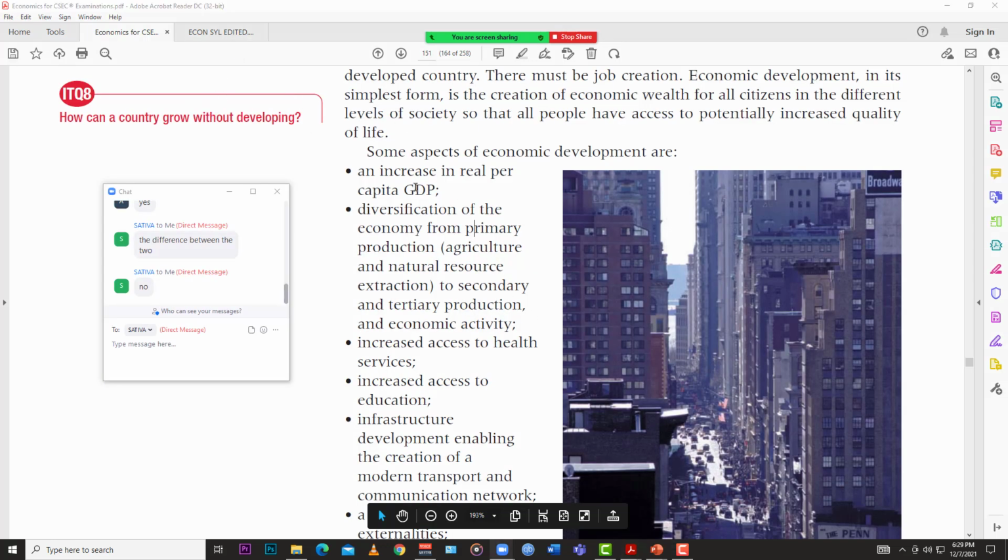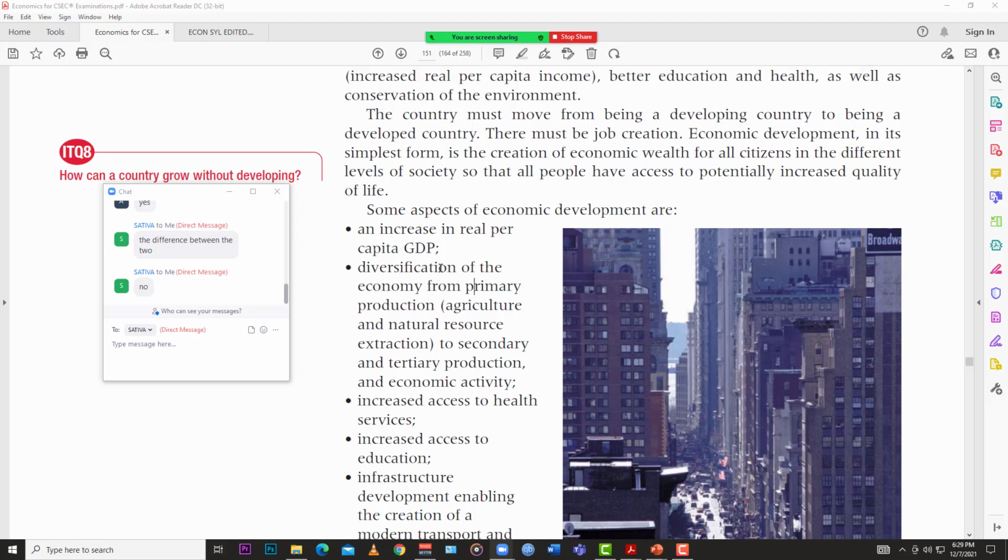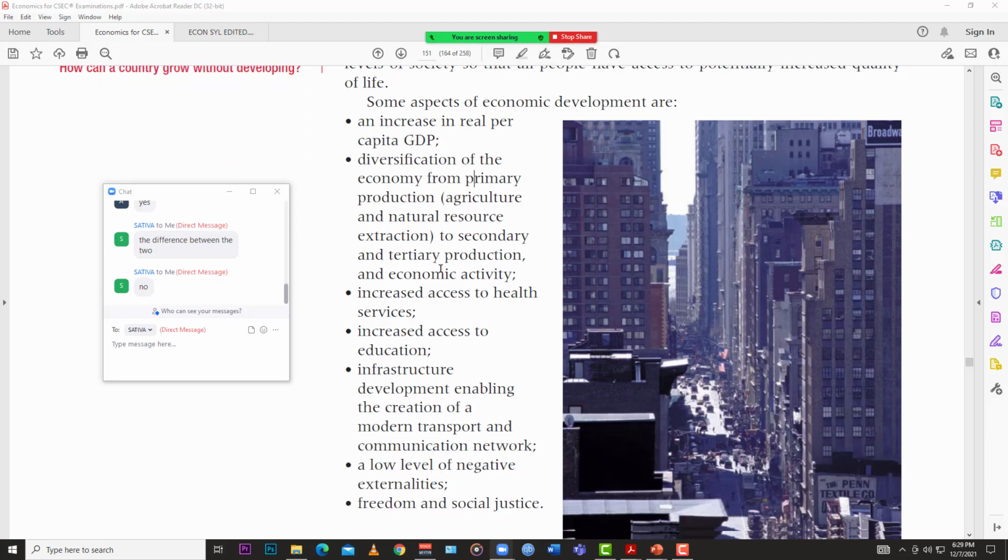These are some aspects of economic development. These can show you whether your economy is developing or not. So again, an increase in real GDP per capita, like I said, can indicate development if it's invested properly.